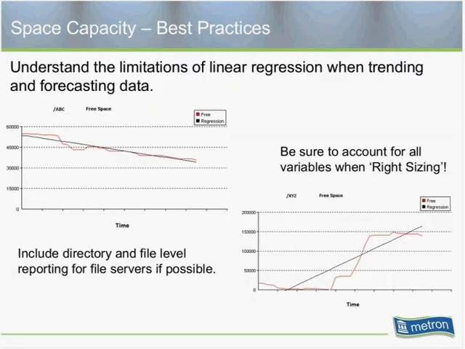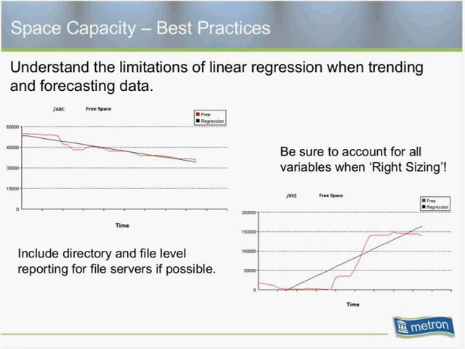So as you're doing this, it's, again, using tools such as trend charts and using linear regression in your trending and your forecasting. It's all about trying to get right sizing of your activities. Many times you may want to have different kinds of trends on the same chart.